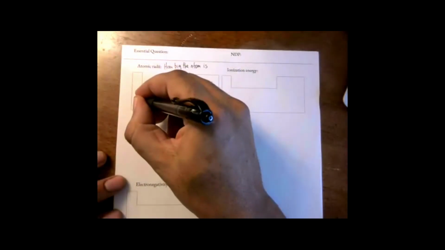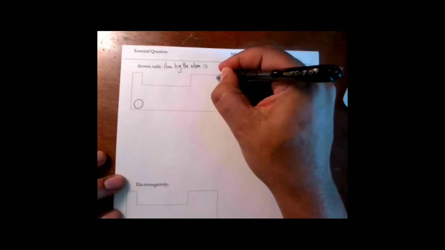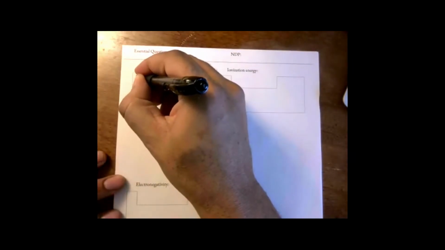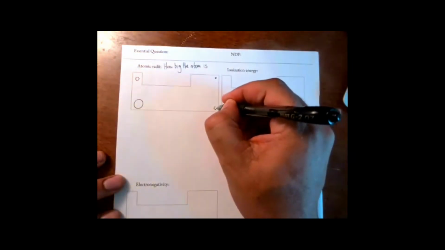Okay, atomic radii answers the question, how big? And this is the deal. I want you to put a large circle here. I want you to put a tiny circle here. And then I want you to put two medium circles here and here.